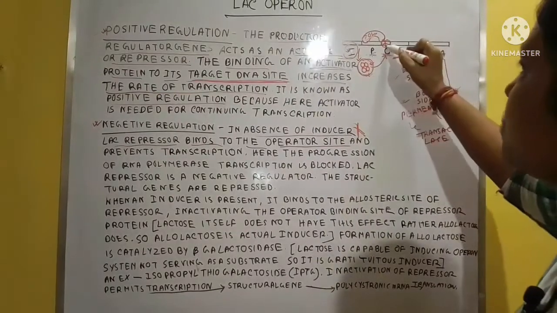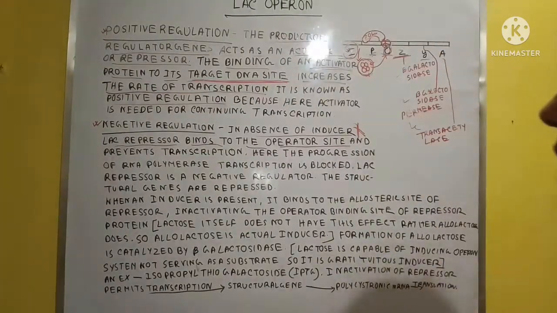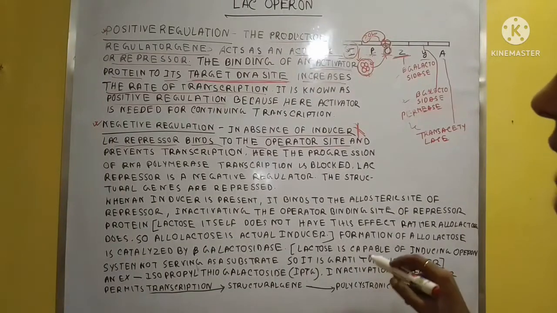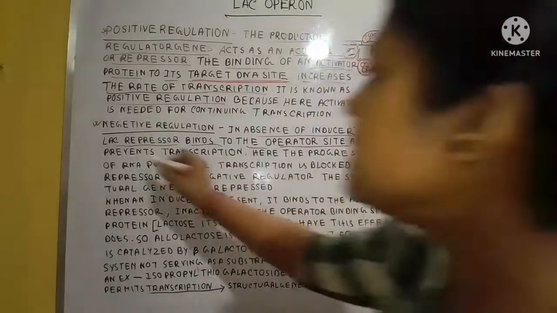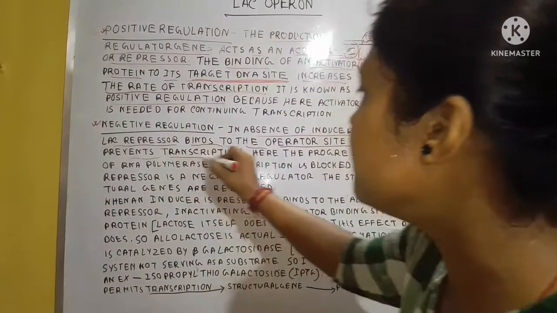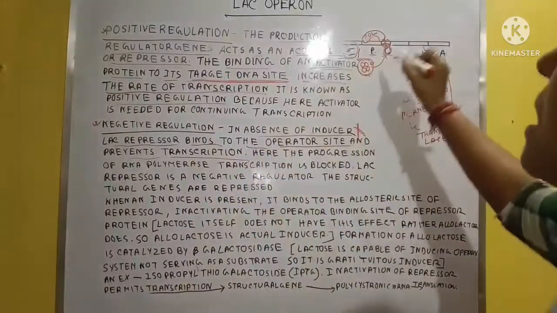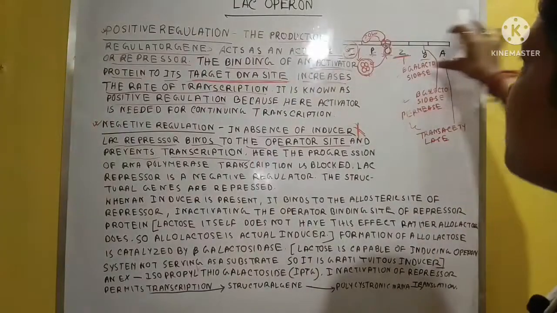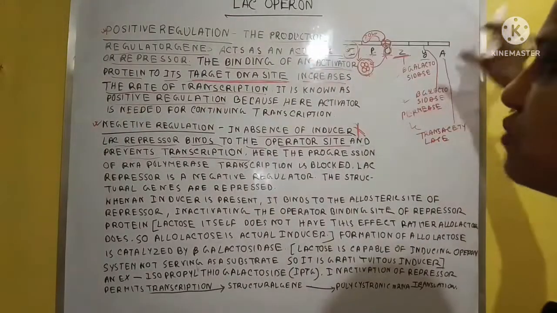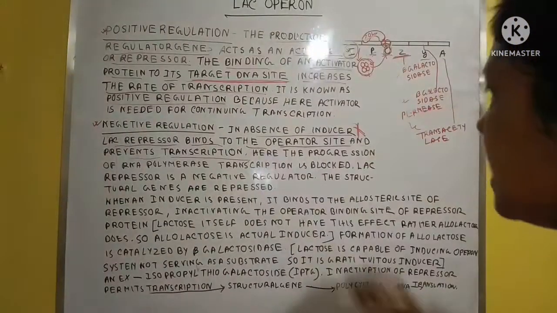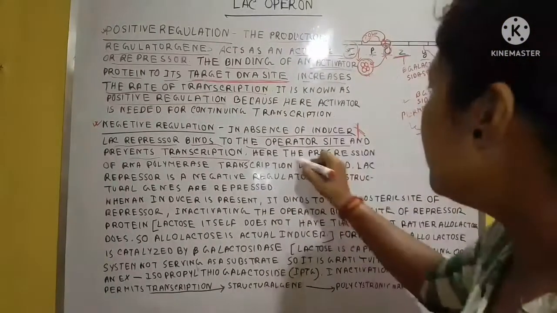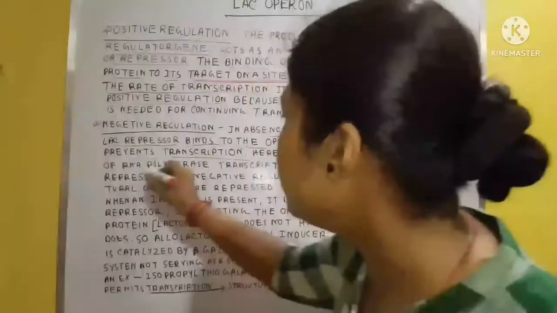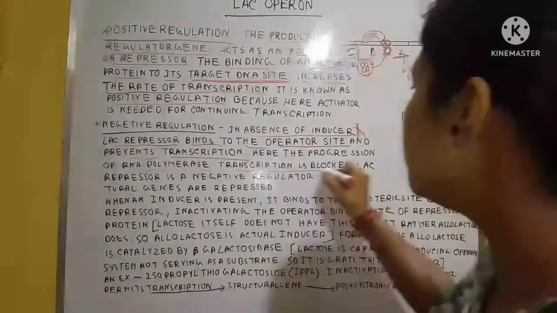It binds to the operator. So what happens in that situation? It prevents the transcription. The transcription process of this gene is totally stopped, and the progression of the RNA polymerase is blocked.